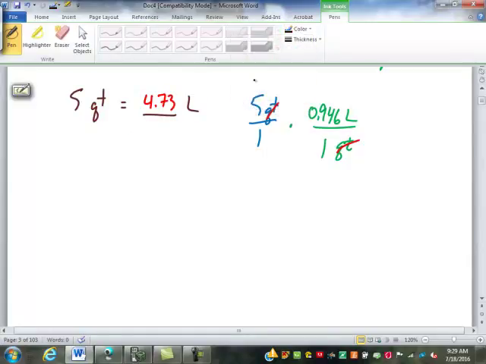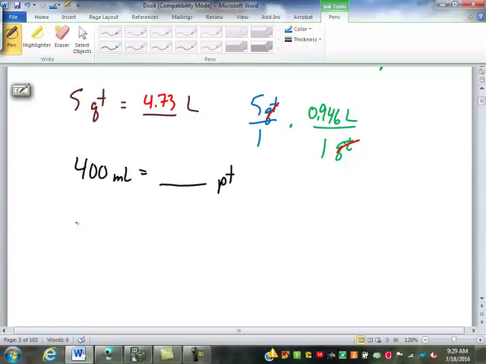If I wanted to go the other way, let's say that we are told that we have 400 milliliters, and we want to know how many pints that is. We look in our table in the book on page 576, and we have absolutely nothing that equates milliliters to pints. All we have is liters to gallons or liters to quarts.